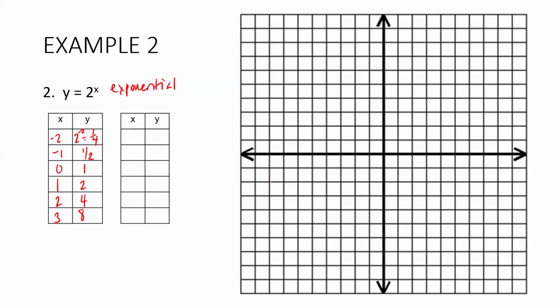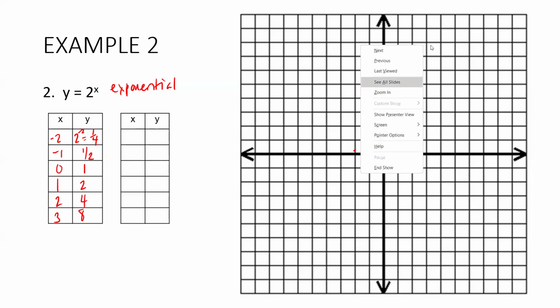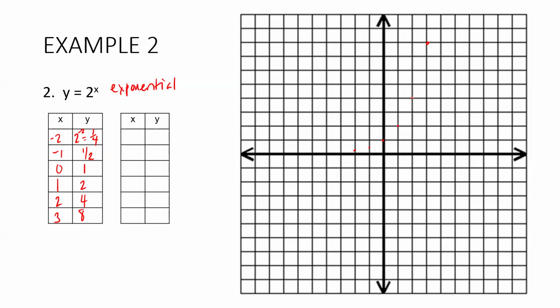And when I plot those points, we have all of our points plotted. And for exponentials, remember that they have a horizontal asymptote, which means that we have a boundary line that we can't cross, right?